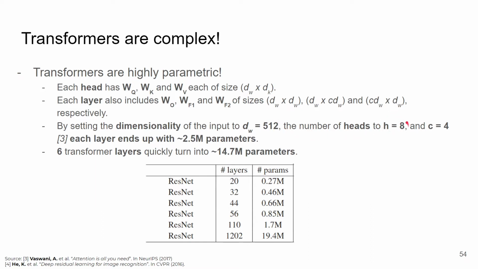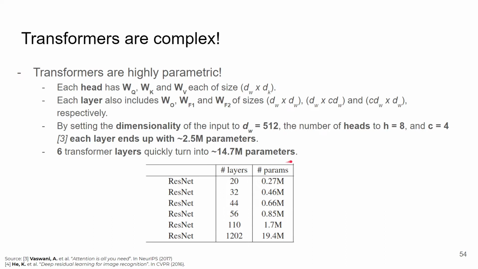Having each layer 8 different heads. Then there is this mapping to a higher dimensionality space and then back to the same one in these layers. Each layer is going to have roughly 2.5 million parameters. If we have 6 layers, we very quickly have 14 million parameters.